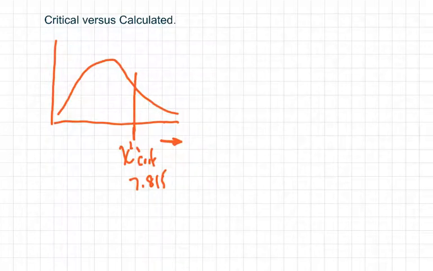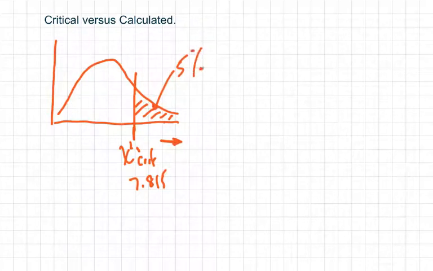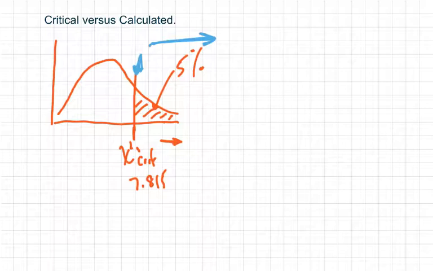That's been calculated because this area is 5%. For our results, if we are anywhere in this region, anywhere to the right, then something weird is happening. The numbers that we got are significantly different to those that we expected.